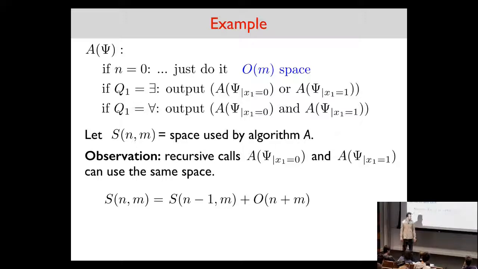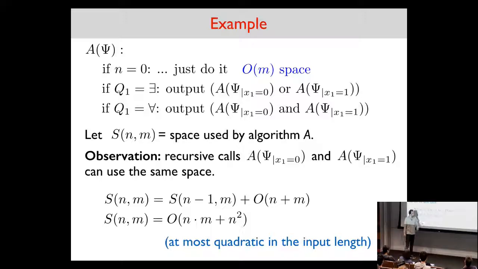But this is a rough upper bound. If you're a bit more careful in your analysis, you can get a better bound. This is an easy recursion to solve, it's n times m plus n squared, which is at most quadratic in the input length. As I said, you can do the analysis a bit more carefully and actually get linear space, not quadratic.